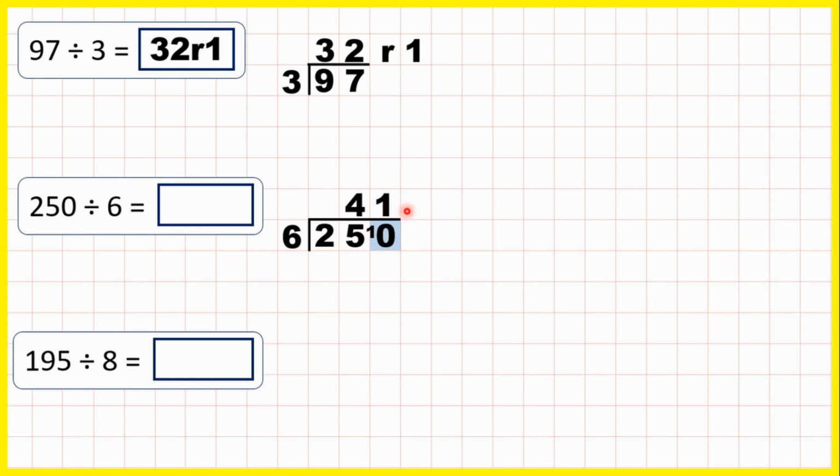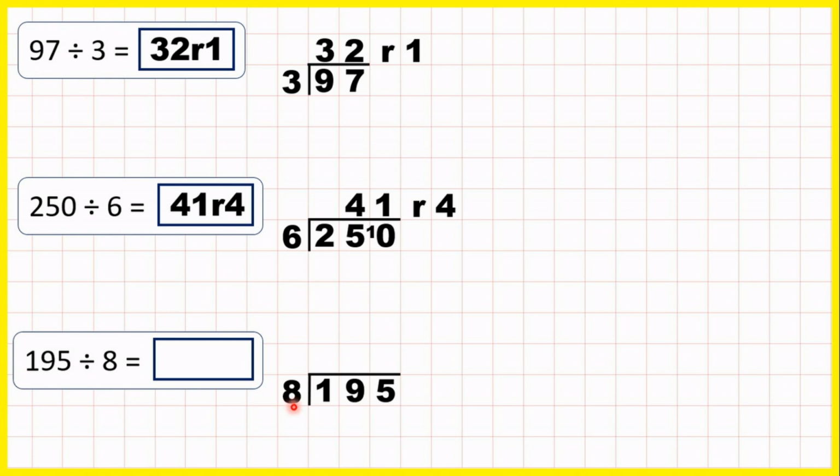That's 1 remainder 4, but we don't have any more digits to write our remainder 4 in front of, so we just write as our answer 41 remainder 4. The remainder is 4 because 1 times 6 is 6, but then we need 4 more to get to 10. So 250 divided by 6 is 41 remainder 4.